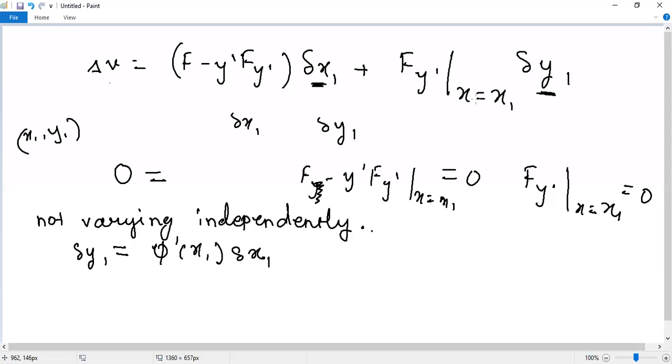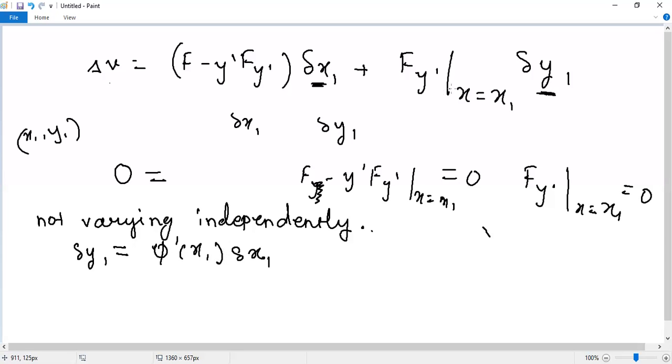So if this point moves in this direction by some quantity, then depending on that there will be a variation in the y coordinate. It is not like the x coordinate will move as it wants and then the y coordinate will move as it wants. Depending on how this point is moving, the variation in this point will be determined. So if that is happening, that means they are not varying independently.